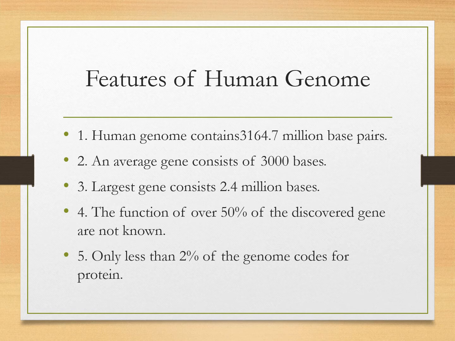Only less than 2% of the genome codes for protein, so there is still a question: what is the role of the remaining genes whose function is not known? Because it was found that only 2% of the genome codes for protein, so what about the remaining part? Still this is a question.